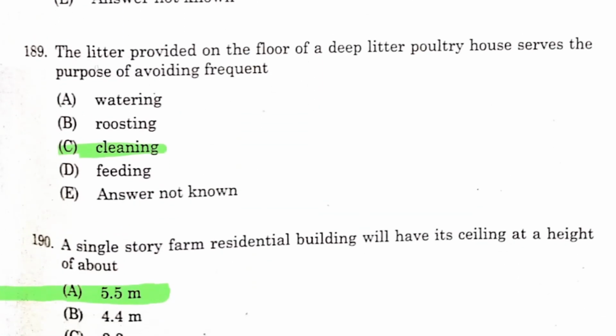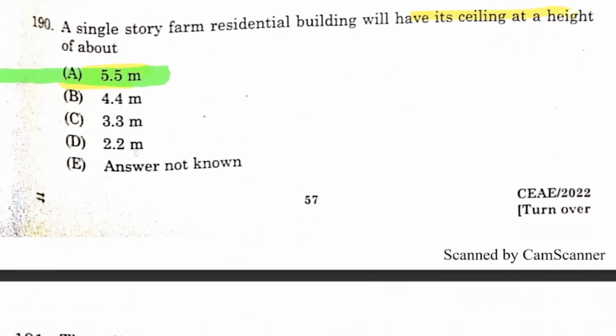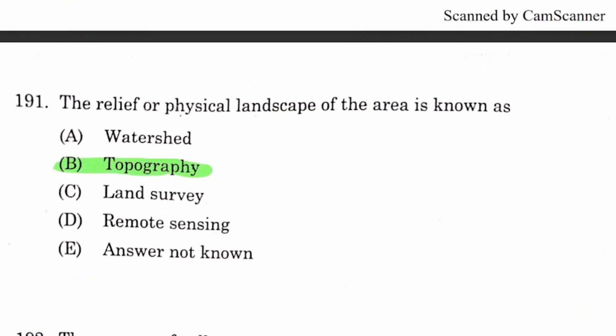Next, the litter provided on the floor of a deep litter poultry house serves the purpose of avoiding frequent cleaning. The single-story farm residential building will have its ceiling at a height of above 5.5 meters. The relief and physical landscape of the area is known as topography.